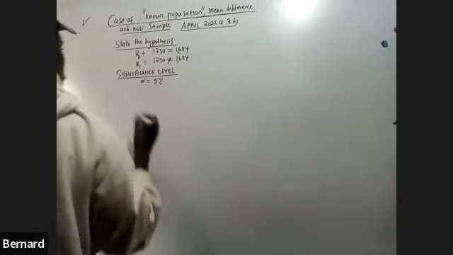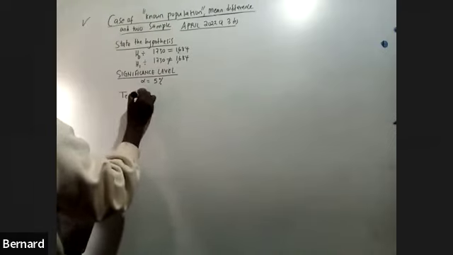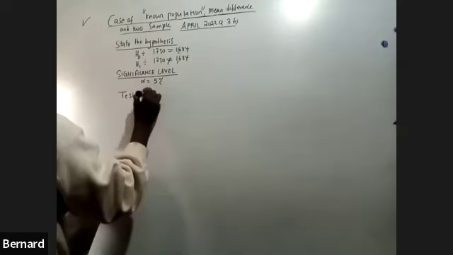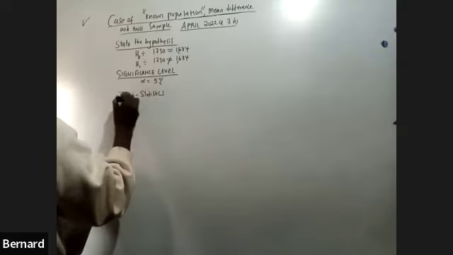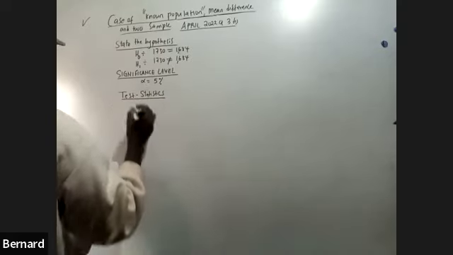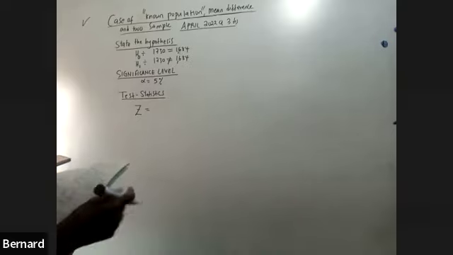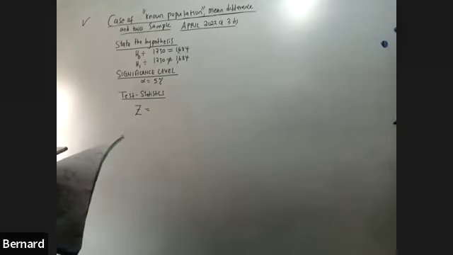Once you get a significance level, step number 3, test statistics. Now our test statistics is Z, because it is for known population, and the sample size is more than 30.